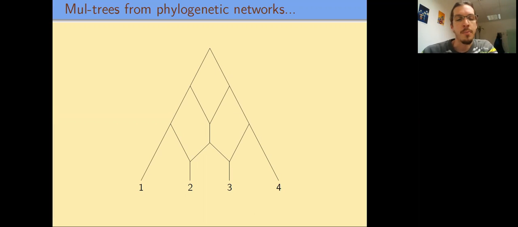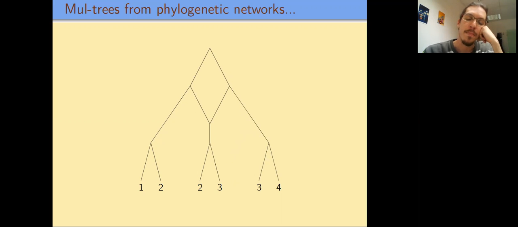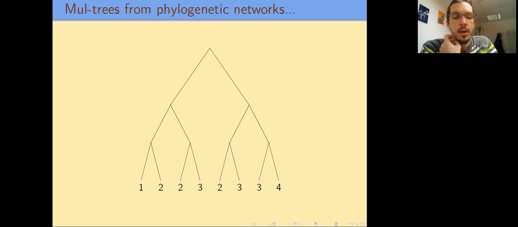So for example, you take apart the hybrid over leaf 2, it gives you this. Take apart the hybrid over leaf 3, and you take apart the hybrid over the subtree 2, 3. And this gives you a multi-labeled tree.